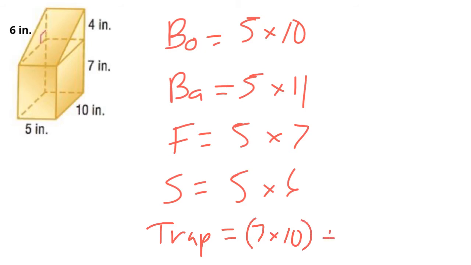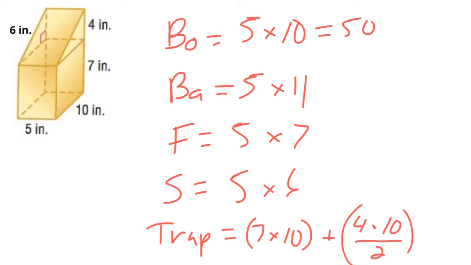And then we also have the 4 by 10 triangle. But when you do the 4 by 10 triangle, we have to cut that in half. So that's going to be 4 times 10 divided by 2. So this is the triangle piece, and this is the rectangle piece. And then we're just going to add those together. So now we can start just solving out the pieces.